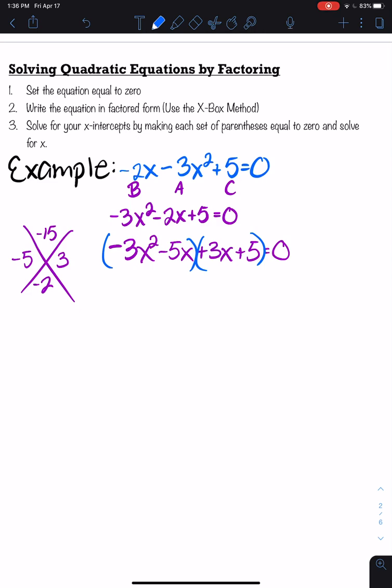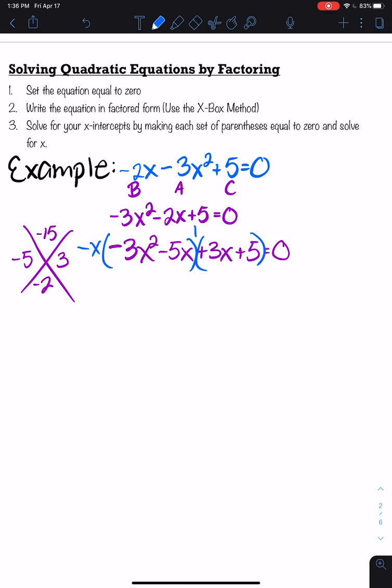So for this first example, I have negative 3x squared and negative 5x. And so what I can do is factor out a negative 1x. And for the last set of parentheses, I can't factor out an x because 5 does not have an x. However, the only number I can divide 3 and 5 by is 1.